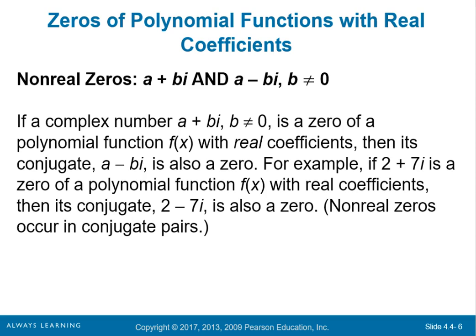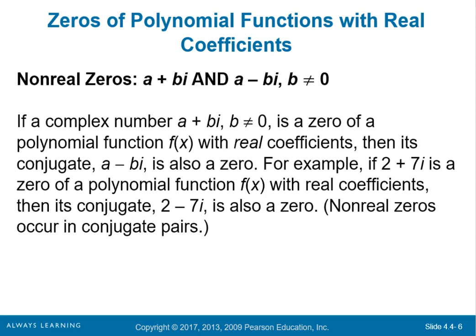In this example we have 2 plus 7i, which means there's no other option, we have to have 2 minus 7i as a 0. All non-real zeros occur in conjugate pairs.